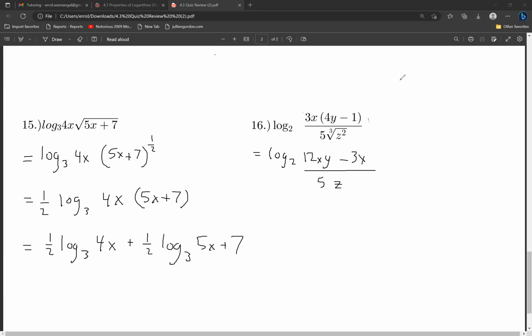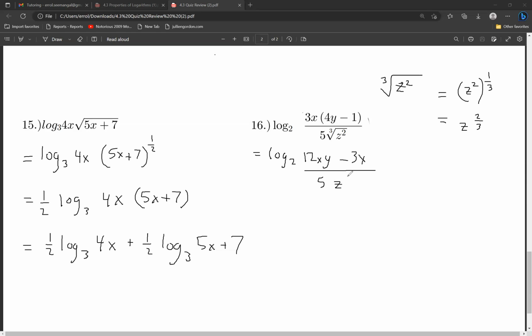So what is the third root of z squared? That's the same thing as z squared all to the 1/3, which is z to the 2/3. Remember your exponent laws: 2 times 1/3 is 2/3.